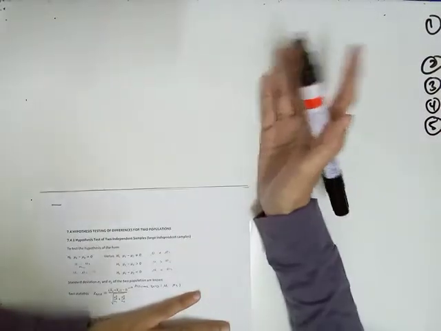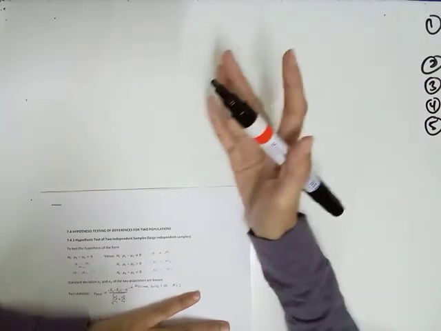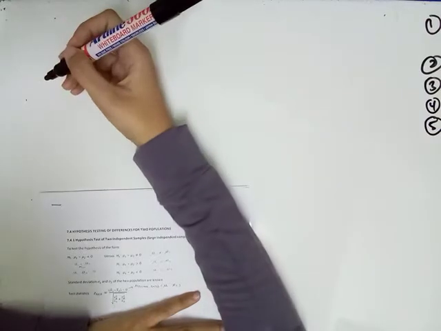So the notation for H0 and H1, let's go back to the previous video for one population. How do we denote H0 and H1?